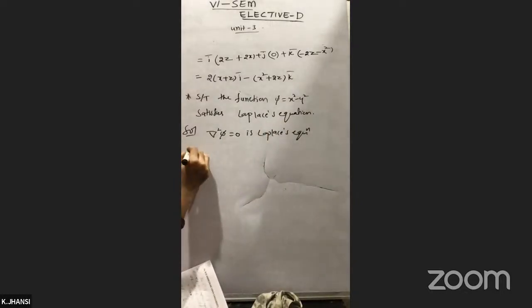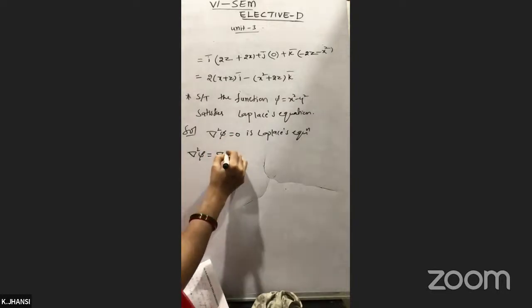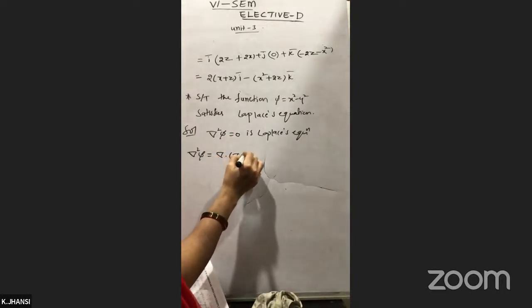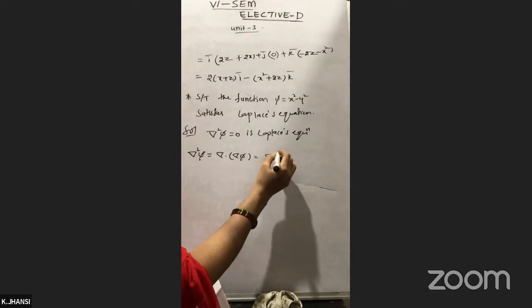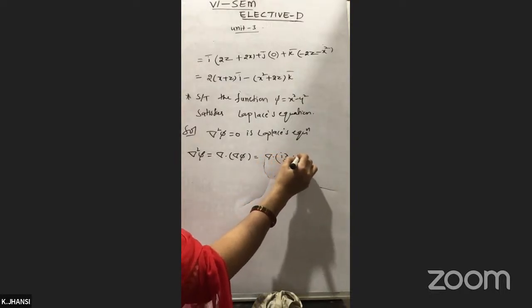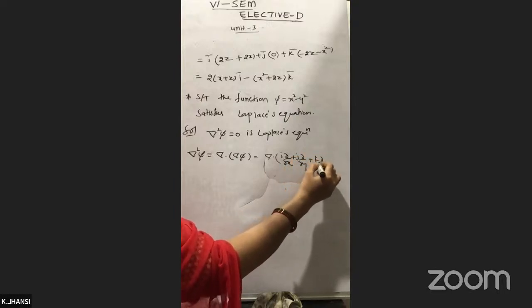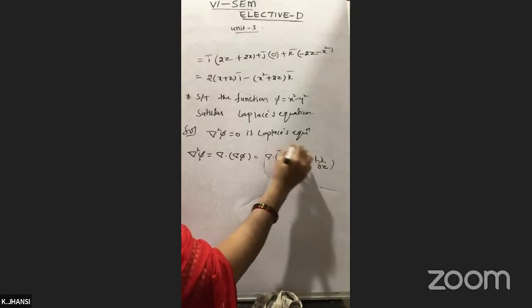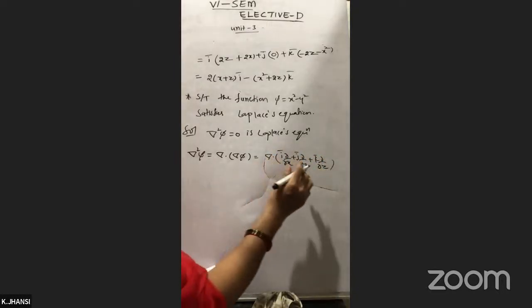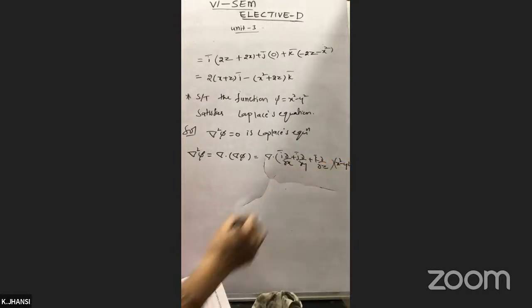So del square phi is equal to del dot del phi, which means i dou by dou x plus j dou by dou y plus k dou by dou z of phi. And our phi is x square minus y square.